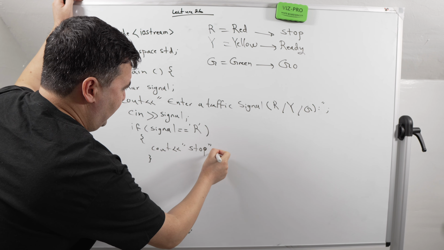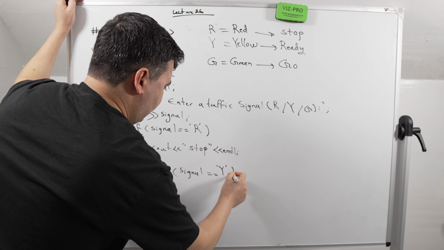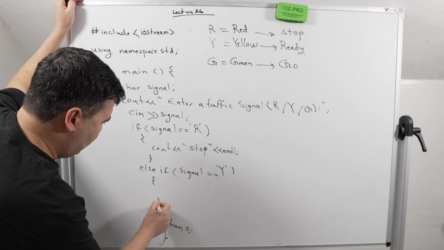And then else if, we check another condition, if the signal is equal to Y. We open the else block and we close the else block.